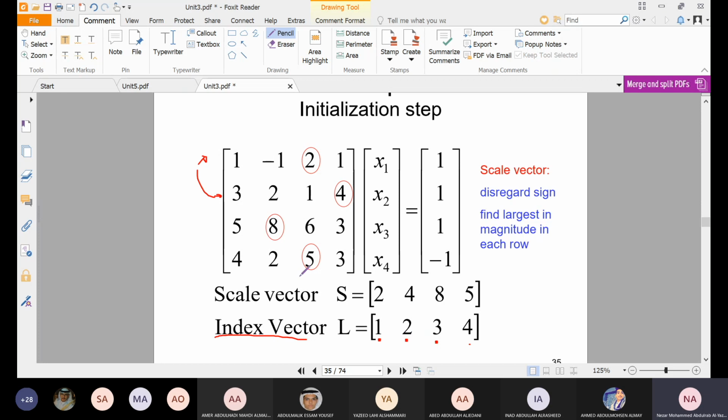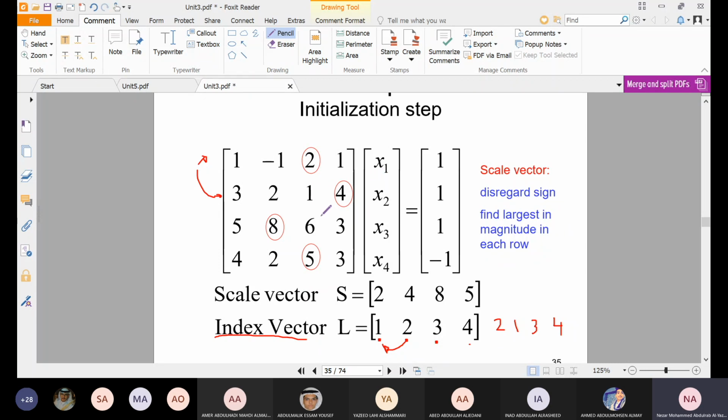I just swap here between this coefficient and the index. So the new order will be 1, 2, 1, 3, 4, like this. I just swap in the index vector, no need to swap in the calculation. That will make the algorithm faster. It is easy to swap in the index vector, instead of swapping in the matrix itself, because sometimes the matrix will be 100 by 100 or 1000 by 1000, so it needs more computation.